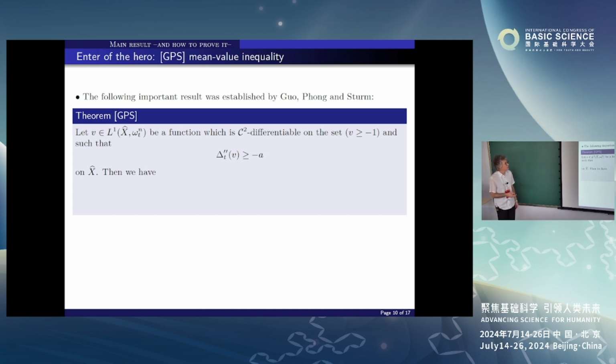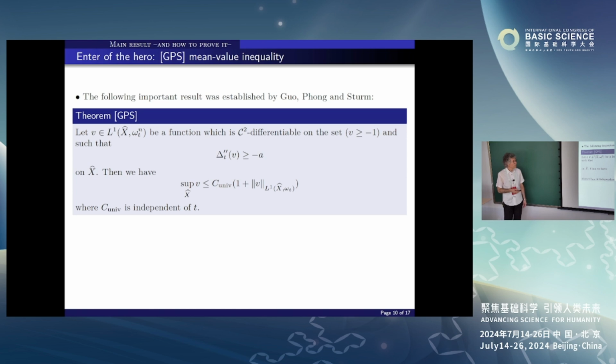So for any C2 differentiable function on the set v greater than -1, such that the Laplace is bounded from below by some constant, then we have that the supremum of V on x hat is bounded by some constant which is universal enough. And for us, what's really relevant is that independent of t, times 1 plus the L1 norm of V. Okay.